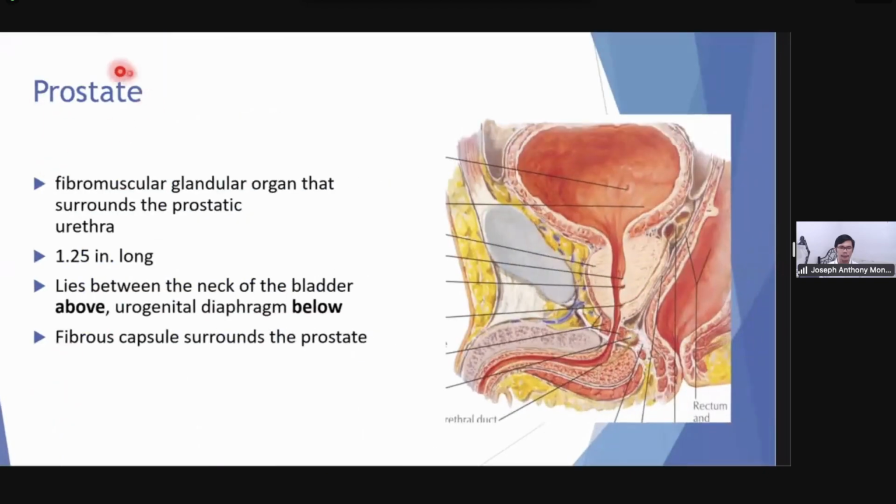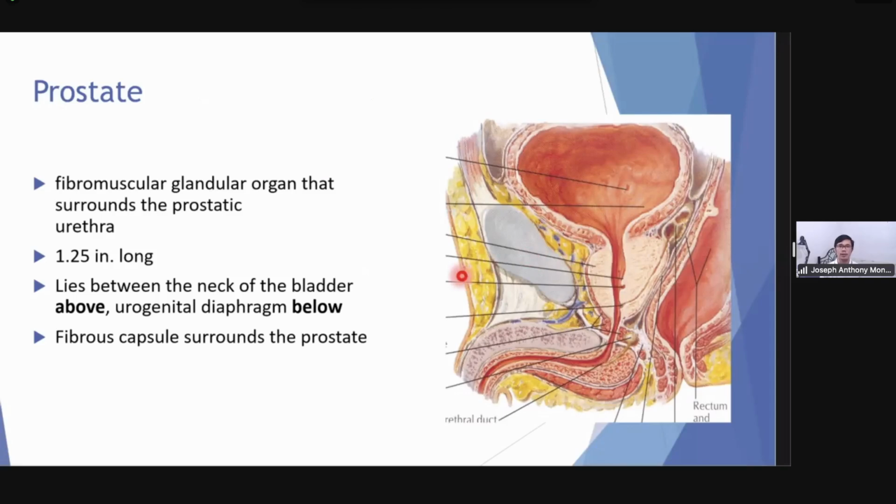Okay, we now proceed for the prostate. Very important to take note for the next few slides. Ang important kasi for the prostate, we have to know that it has different lobes, and for the specific lobe, it will also have its clinical significance.